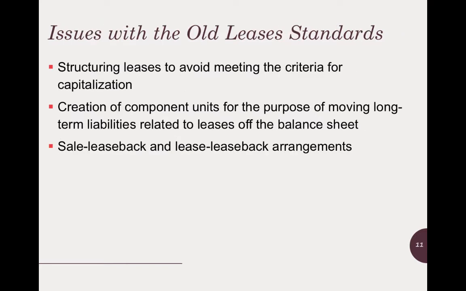Now, I've already started to talk about some of the problems with the old lease standards, where they were basically being manipulated in order to avoid reporting a capital asset and particularly a long-term liability.